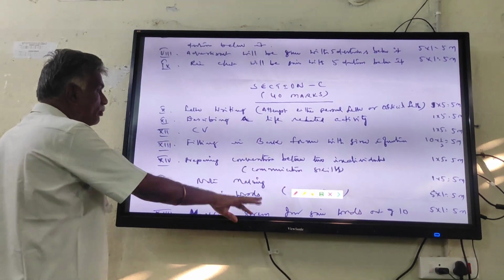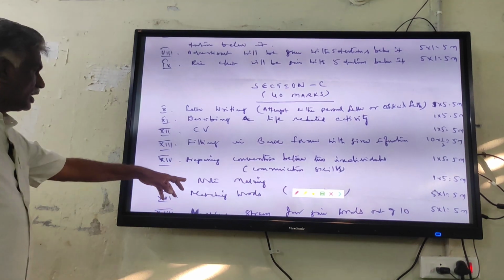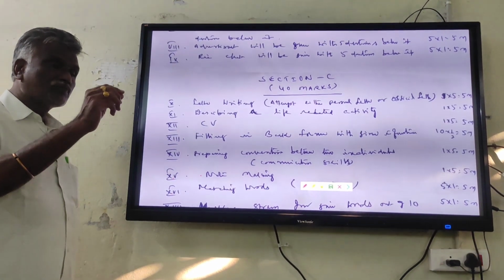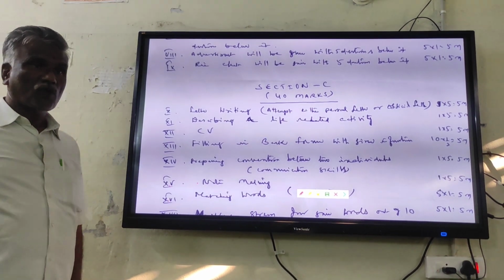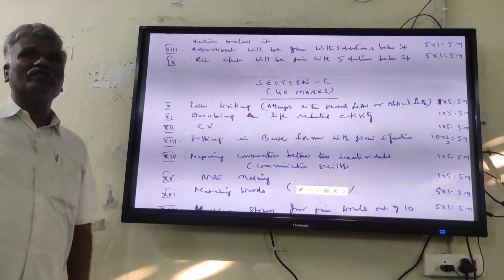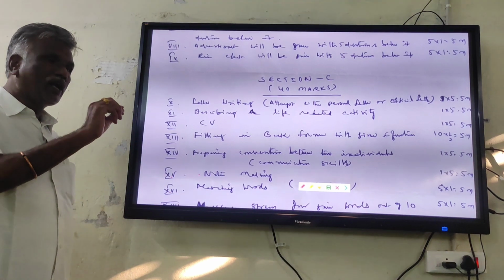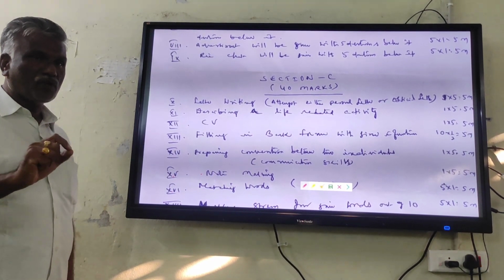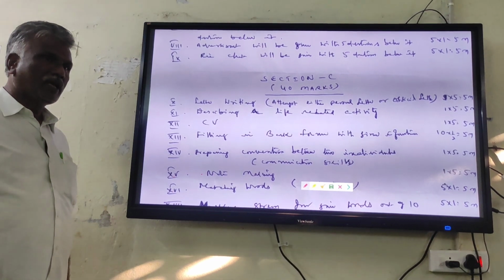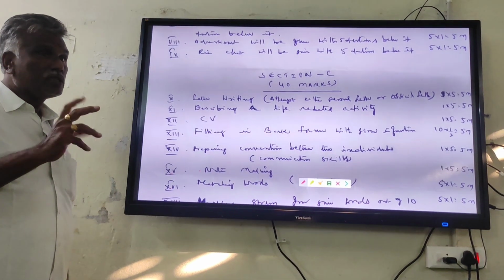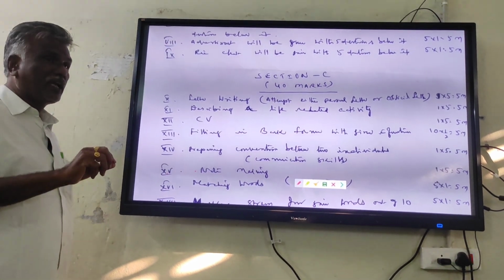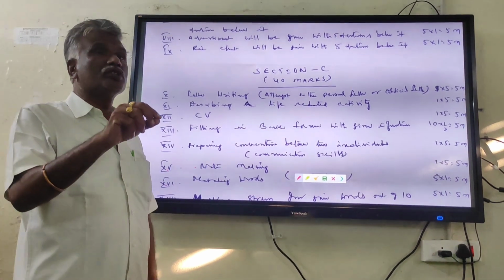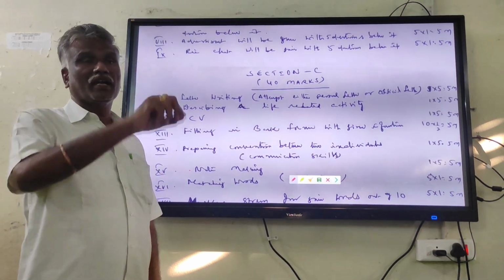15th question is note making, understand. With regard to note making, I encourage you, first just read the passage and identify the important 5 points. 1, 2, 3, 4, 5 points. Next, also identify the topic on which the passage is running, understand.